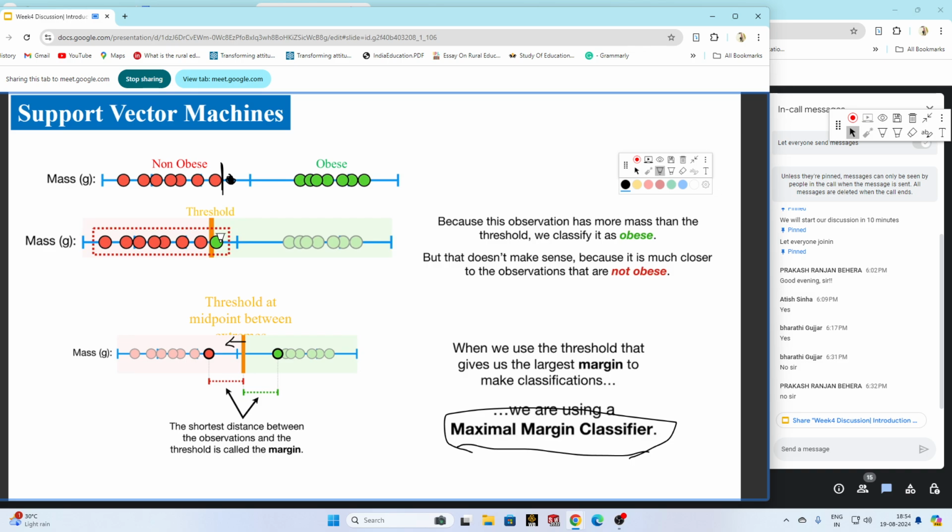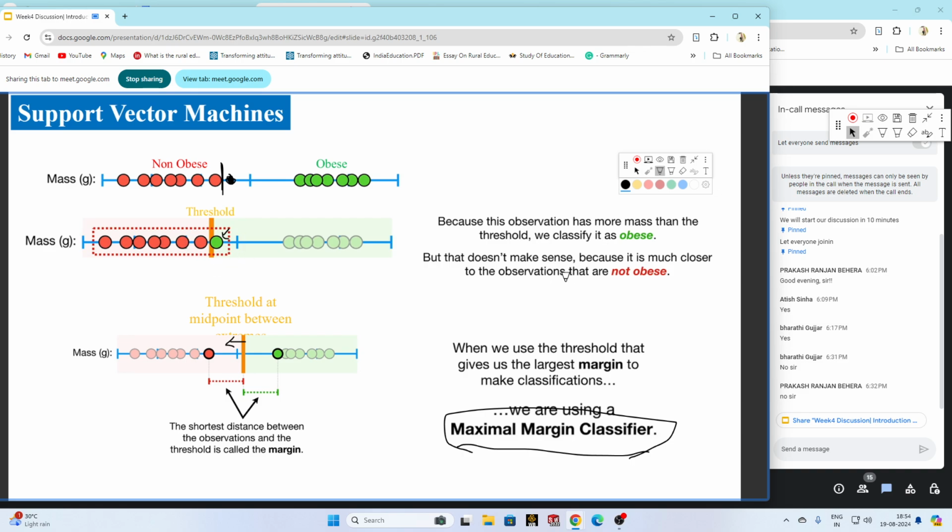It is above the threshold value. That is why we will classify it as obese. But the problem here is that this point is very close to this red group of points, that means non-obese, so this green point could be misclassified here. So this green point is misclassified.